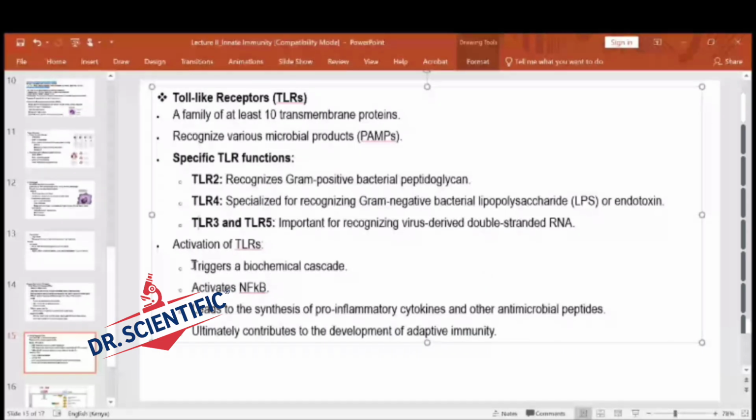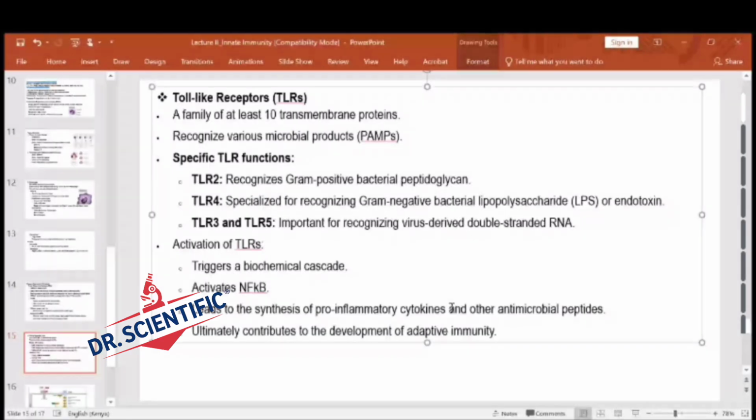Once they recognize, they trigger a biochemical cascade. That biochemical cascade activates nuclear factor kappa B. Once nuclear factor kappa B has been activated, it leads to the synthesis of pro-inflammatory cytokines, as well as the peptides we talked about. And this will be the link between innate and adaptive immunity.